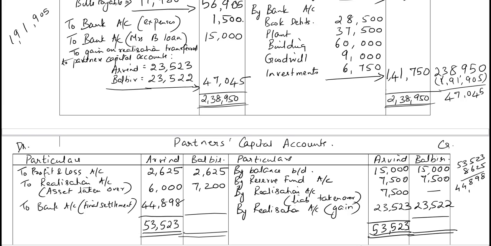For Balbir also, the credit side is greater. 46,022 and the difference, 46,022 minus the total of the debit side 9,825, comes up to 36,197 balancing figure, the figure for final settlement.